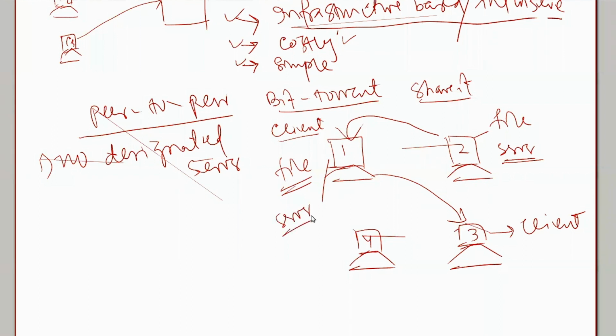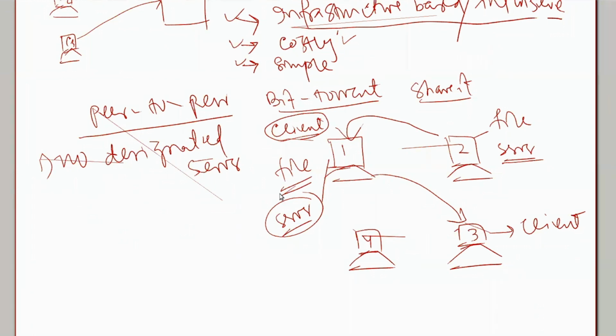That means at a certain point of time machine number 1 behaves as a client, and at a certain other point of time, or at the same point of time, machine number 1 also behaves as a server. So that means there is no designated client or designated server. Every machine in this peer-to-peer network behaves as a client as well as a server.